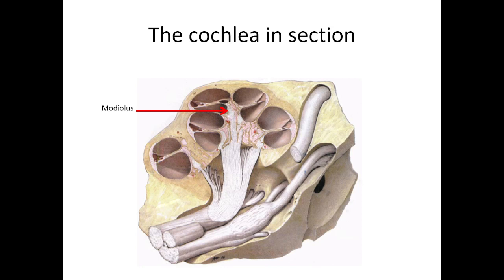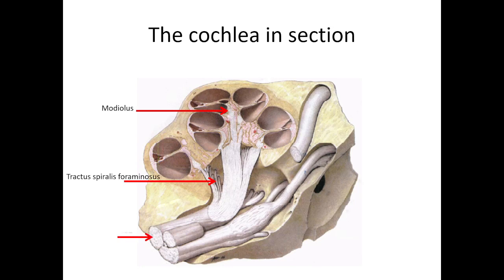So inside of the modiolus, we can see the mutual fibers for the cochlear nerve. And here it is, tractus spiralis foraminosus. Through it, these teeny fibers connect with each other, forming the nervus cochlearis.